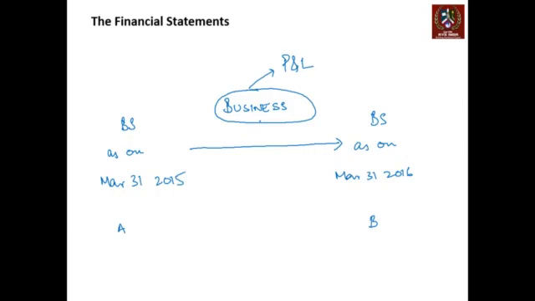Whether you have received the money for that or not is actually a cash transaction, and all cash transactions are recorded in the cash flow statement.